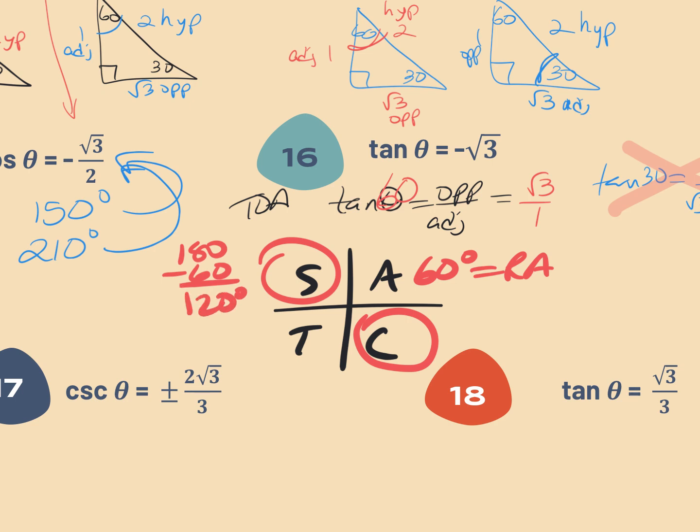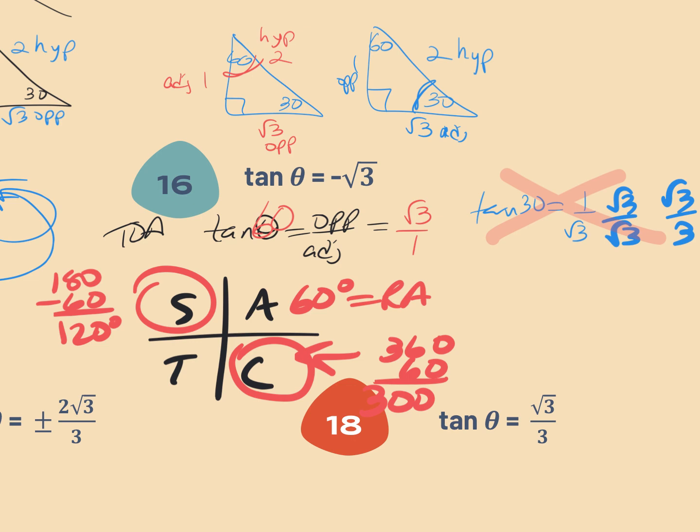Then for quadrant 4, 360 minus the reference angle, and I get 300. So the two answers here are going to be 120 and 300. If tangent were positive, I'd be getting the reference angle and then the angle from quadrant 3.